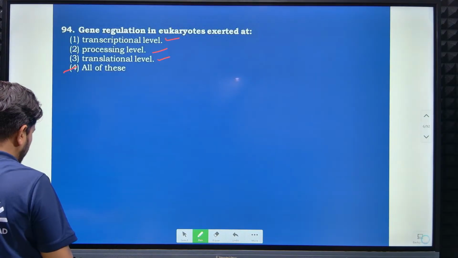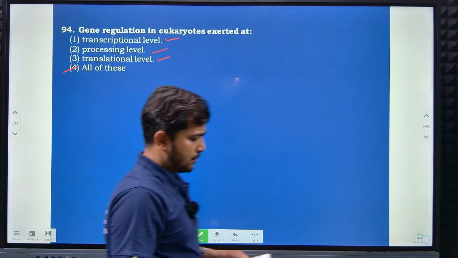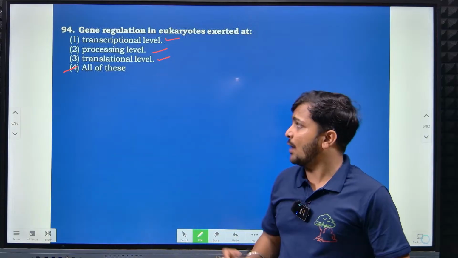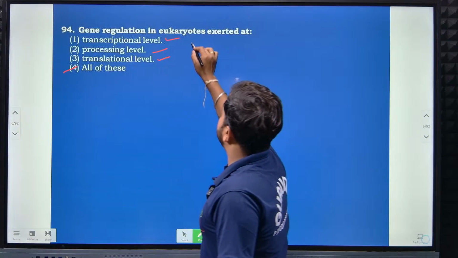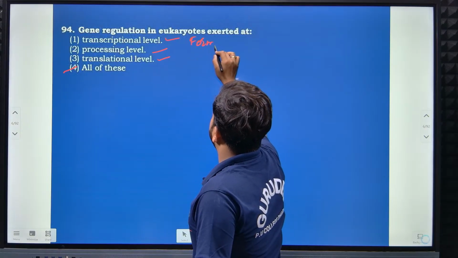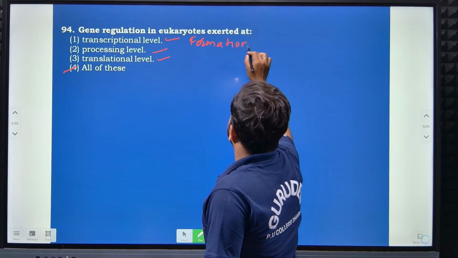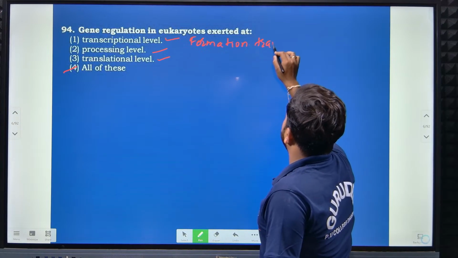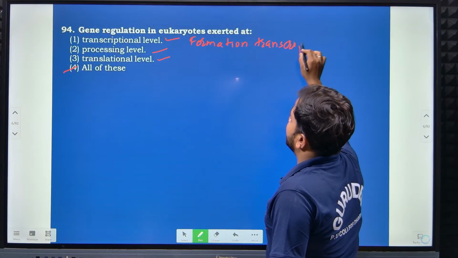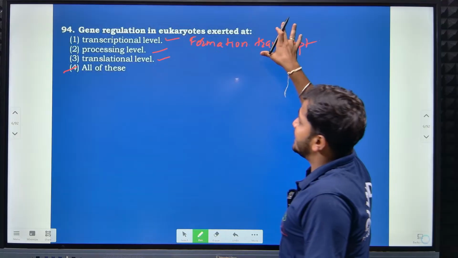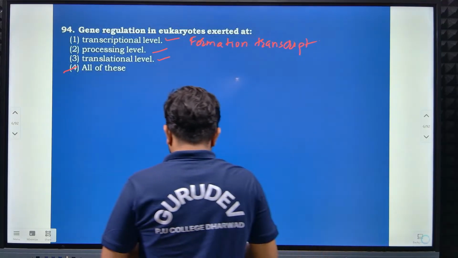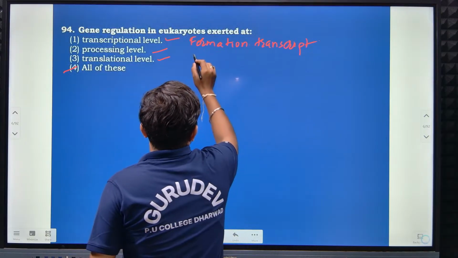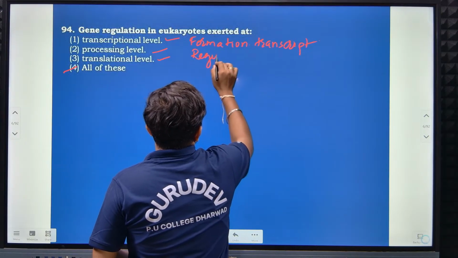Where at the transcription level, the formation of the transcript is going to take place, right? Then later at the processing level, this transcript itself is going to undergo modification. So here mainly what is going to happen is the regulation of splicing.